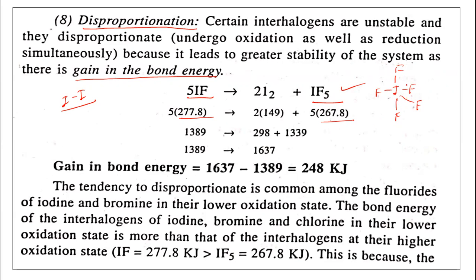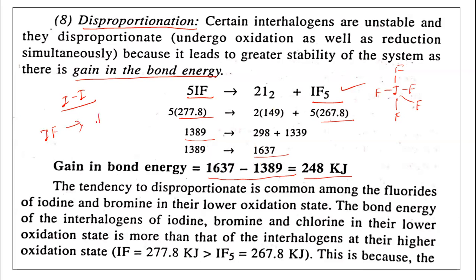As the number of bonds increases, the fluorine atoms associated with the central iodine atom destabilize the molecule, so the bond energy is less in IF5 as compared to IF. If we calculate this, this is 1389 and this is 1637. So the difference in energy is 248 kilojoule per mole. That's why IF is converted to IF5.